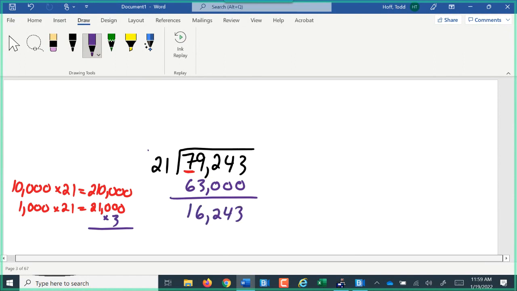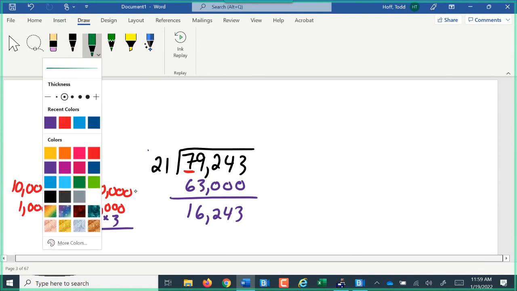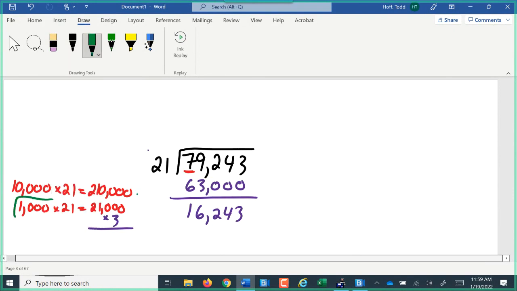Well, what I really did here was I subtracted 1,000 21s. Each 21,000 was 1,000 21s, and I did that 3 times. 1,000 times 3 is 3,000. When I subtracted the 63,000, what I was subtracting was 3,000 21s. Then I moved to my next place value.